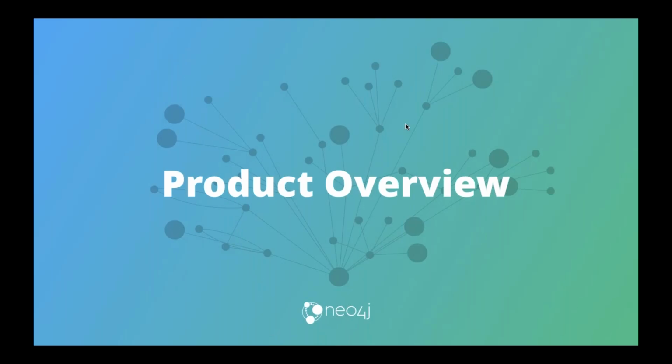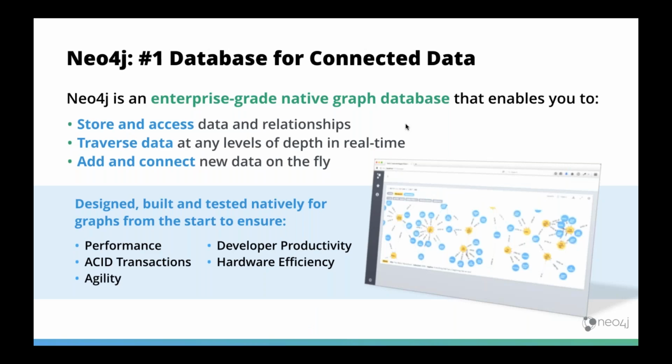With that, I want to quickly talk a little bit about the product itself, and then I'll turn it over to Nav after that. We have a lot of information online, but at a high level, we are an enterprise-grade native graph database, and as I said, it allows you to store and access data and relationships in a very compact, quick manner.